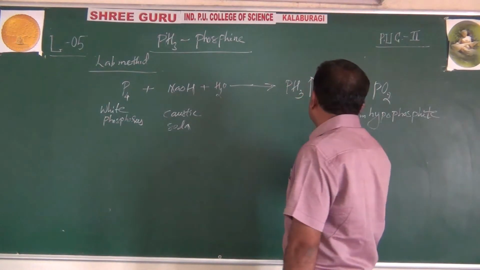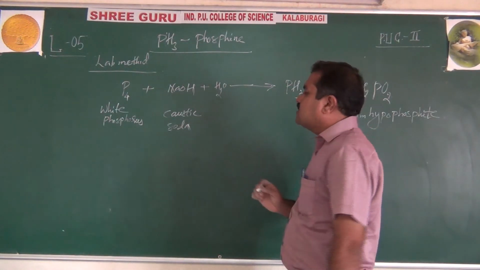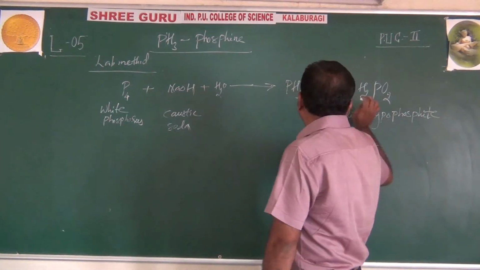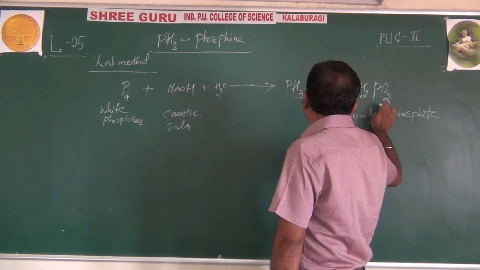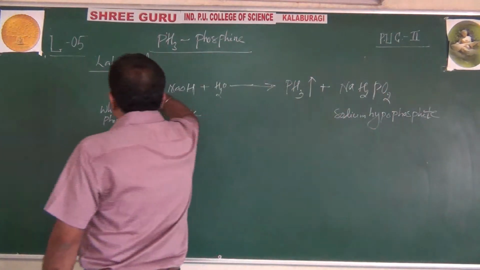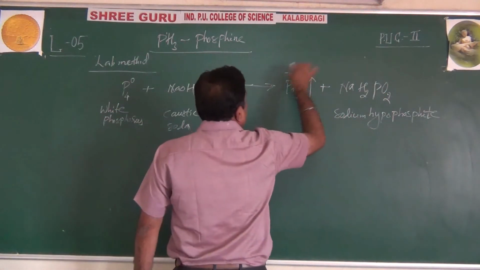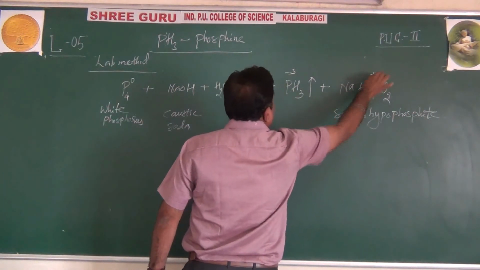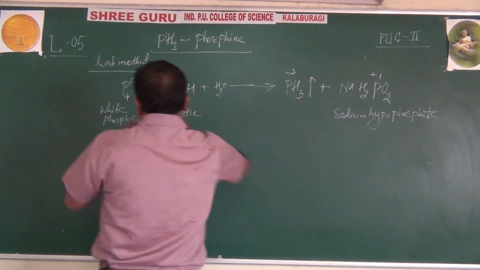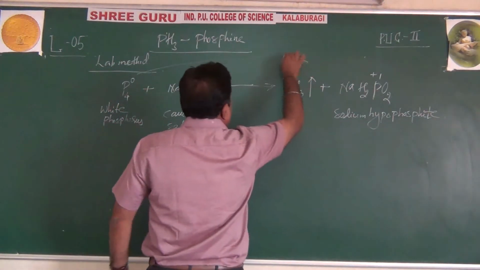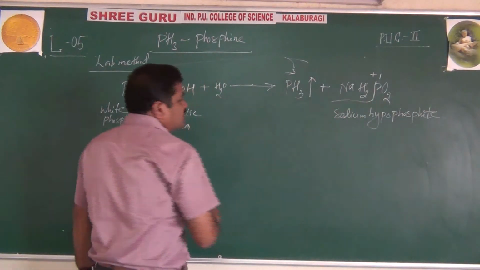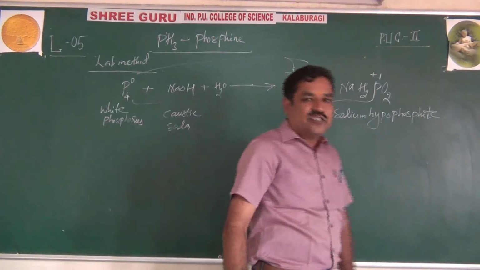You get phosphine and sodium hypophosphite. It's a disproportionation reaction. In phosphine the oxidation state is -3, in sodium hypophosphite it is +1. That means from 0 to -3 and 0 to +1, so it undergoes reduction as well as oxidation. This is an example of a disproportionation reaction.